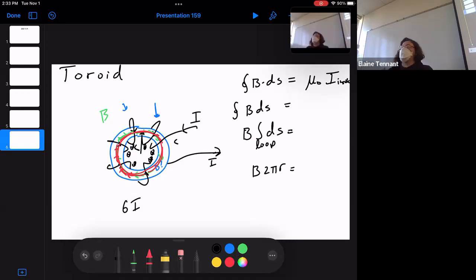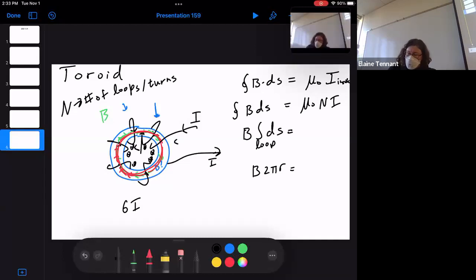And we're going to generalize this. I'm going to say you have n loops. So n is the number of loops, which, by the way, sometimes you say turns instead of loops, if you ever hear that. 1, 2, 3, 4, 5, 6. I did that right.